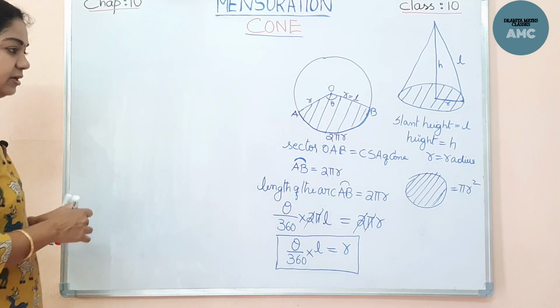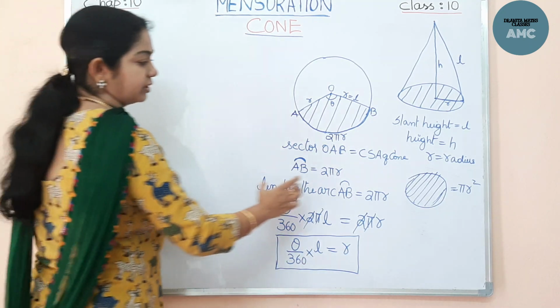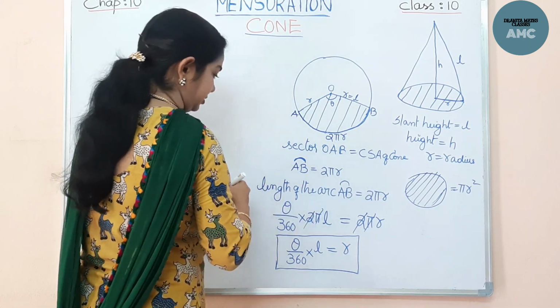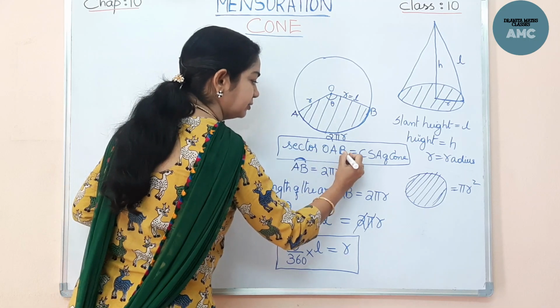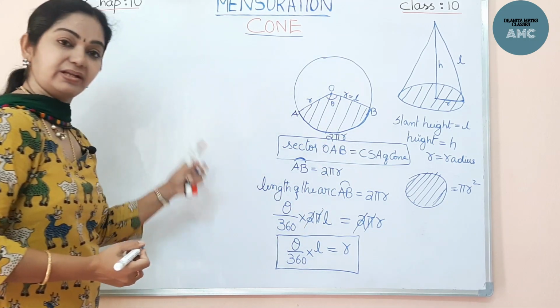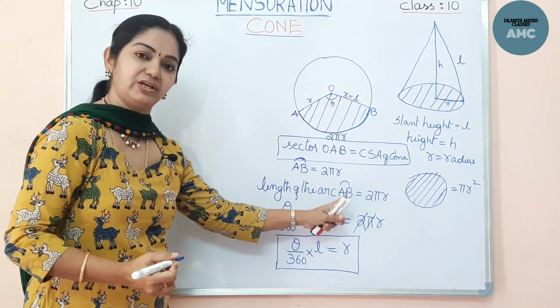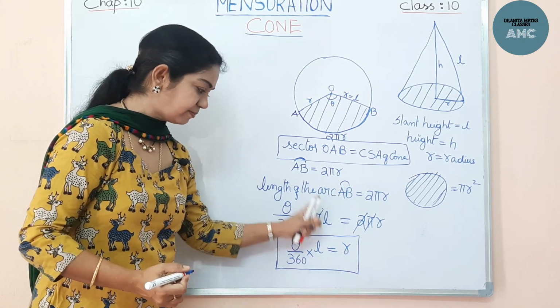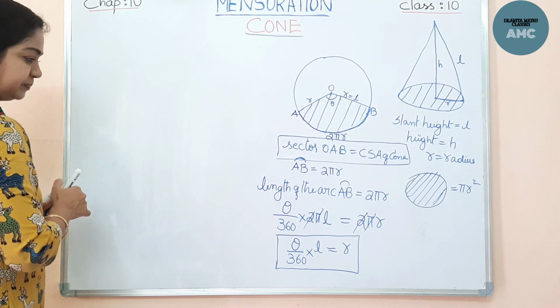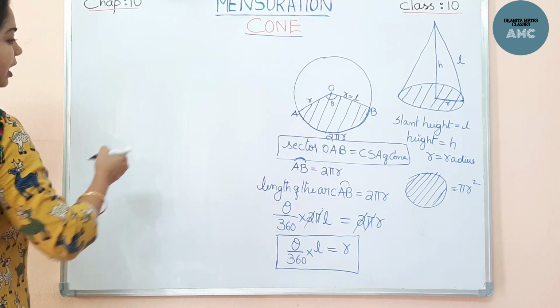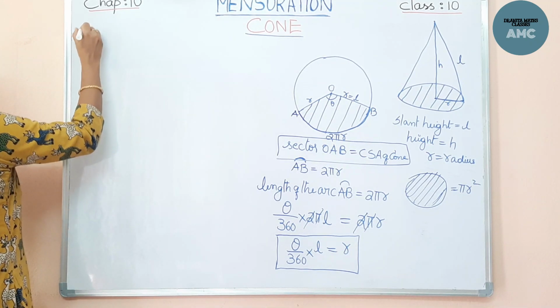Now from this, what we want is the CSA of the cone. The area of the sector is equal to the CSA of the cone. We didn't find the area, we found only the length of the arc. From that length of the arc, we have found the R here. Now I know the area of the sector.